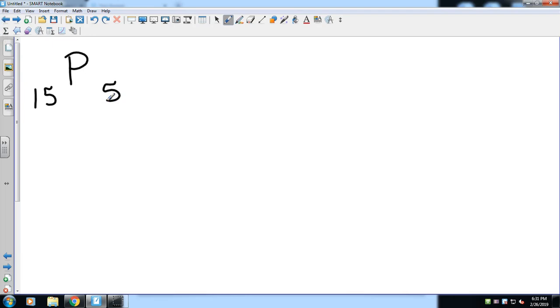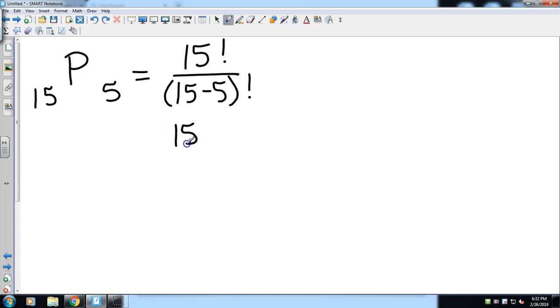So in this case, this is going to be 15 factorial on the top, and then I'm going to subtract those two numbers, and take that factorial. So 15 minus 5 is 10, so this is 15 factorial over 10 factorial.